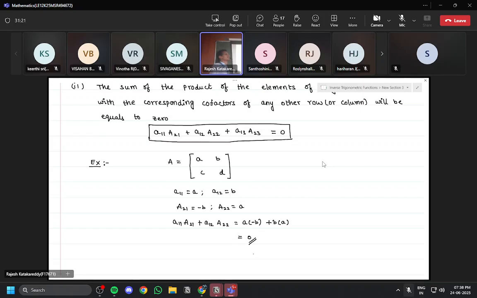Now let me ask. Let us say I have a diagonal matrix. I think that is a simple one. Let us make it a little difficult. If I have an upper triangular matrix, can you tell me what the cofactor matrix of any upper triangular matrix will be?